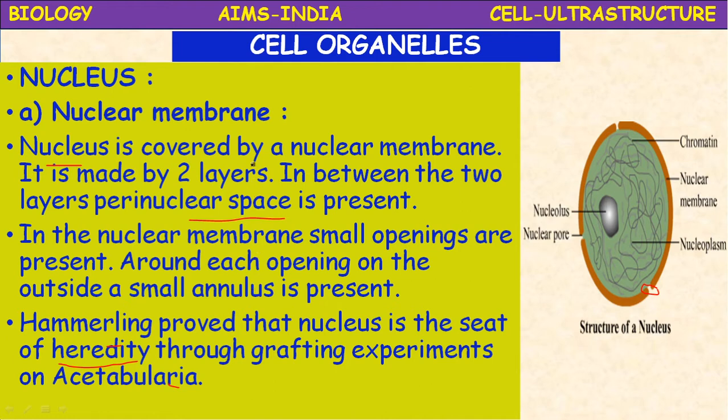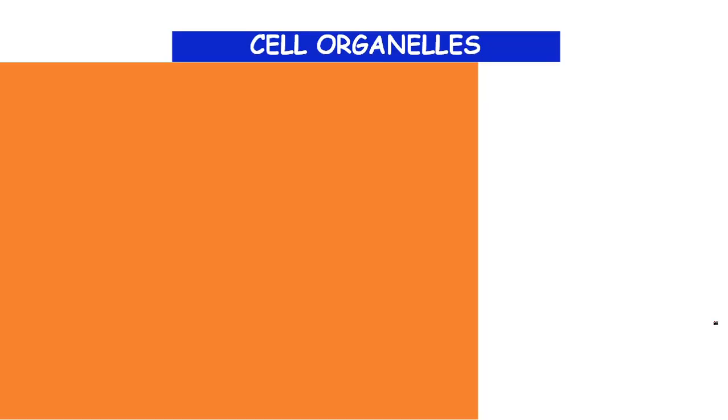Heredity means the chromatin material which is present in the nucleus. The chromatin material present in the nucleus is made up of DNA and chromosomes. So that is why he considered the nucleus the seat of heredity.